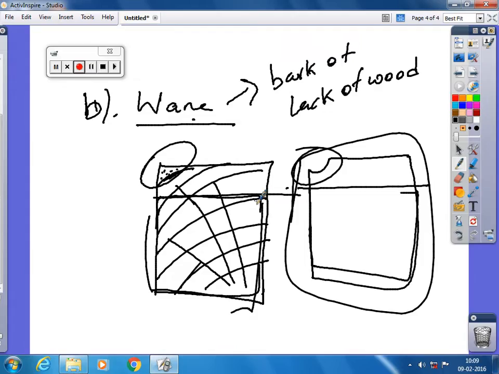And what about vein? Lack of wood at the edges. And how do you overcome that? Squaring the edges properly.